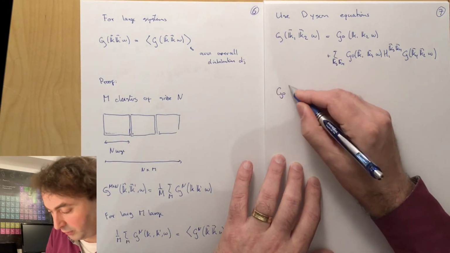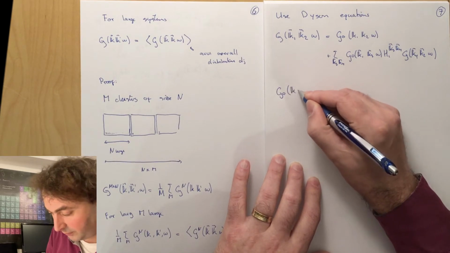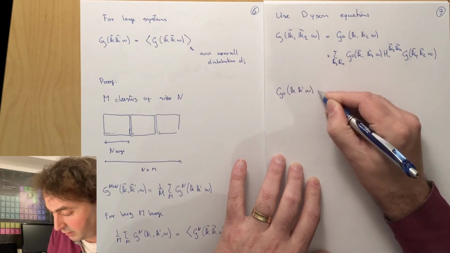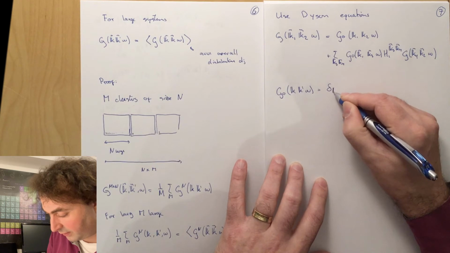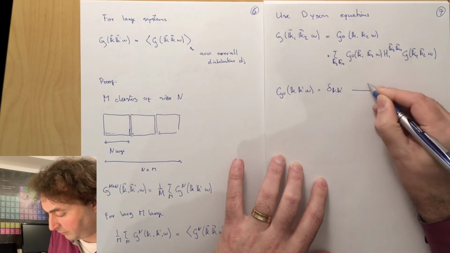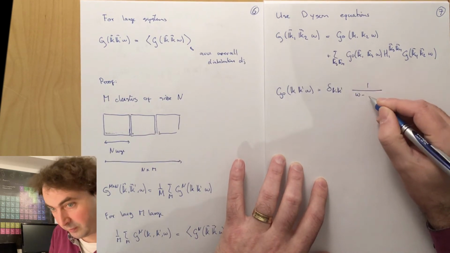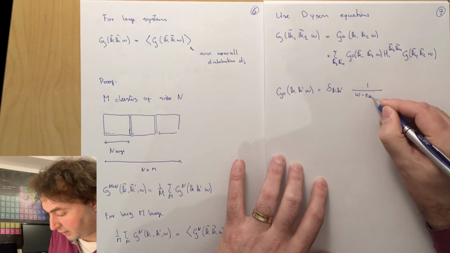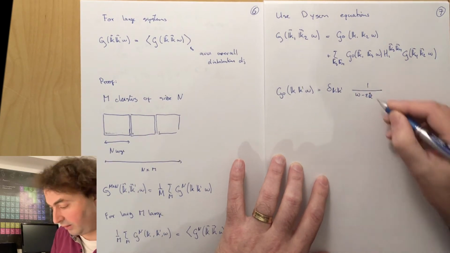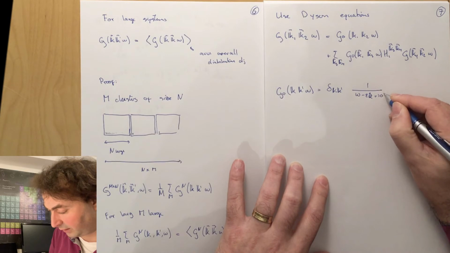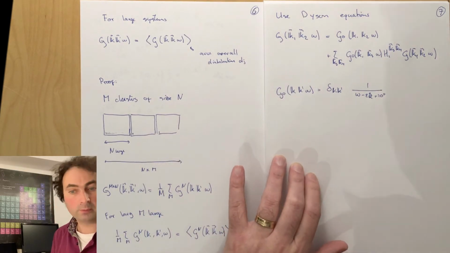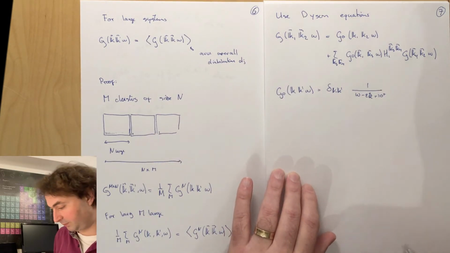And actually we fully know what the bare Green's function is, which is delta K prime 1 over omega minus epsilon K, and let's put a 0 in there for the bare electron momentum dispersion, plus a small imaginary offset.